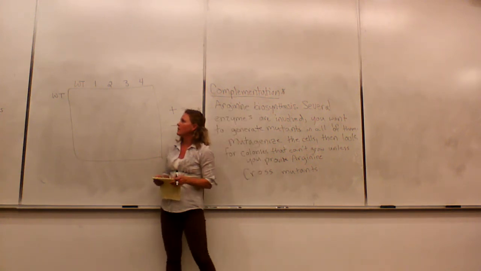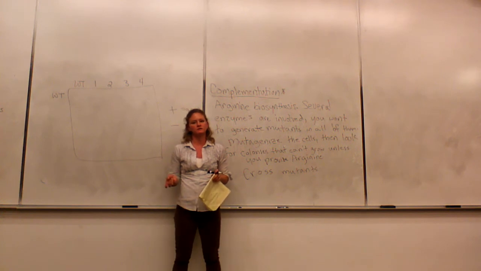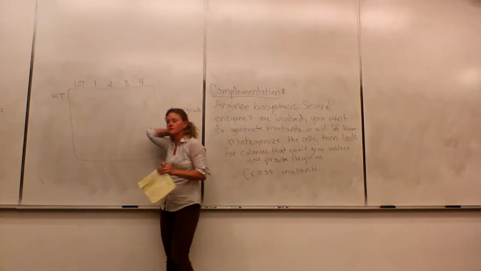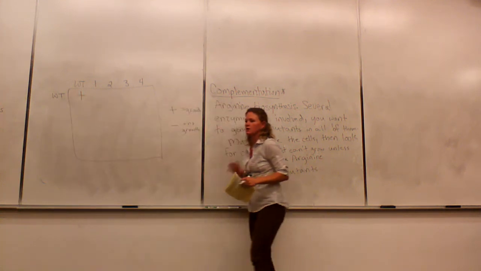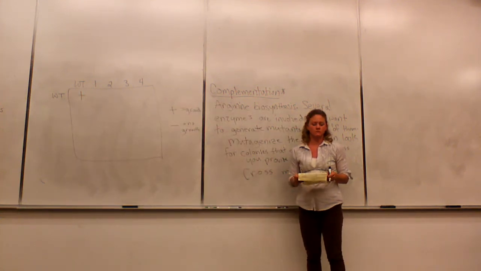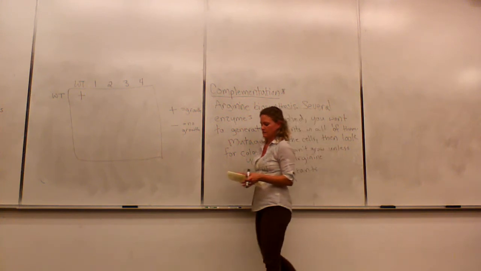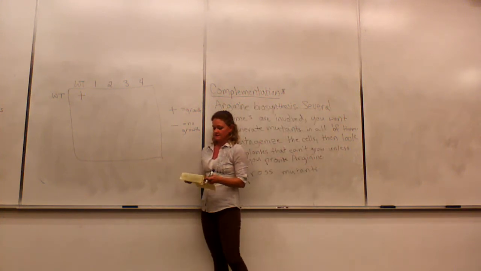So if we cross a wild type to a wild type, do we expect a plus or a minus? If it's just wild type normal, we expect it to grow, right? So we expect a plus. Maybe that should just say normal, can grow regularly on minimal media.